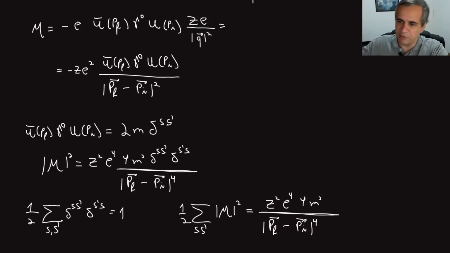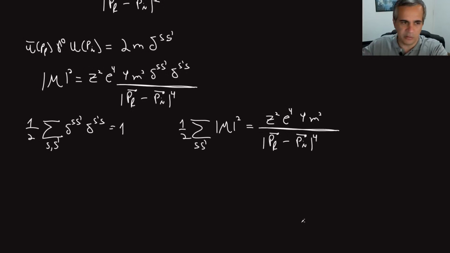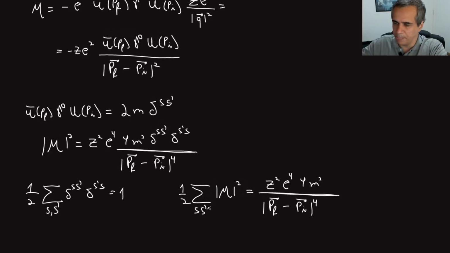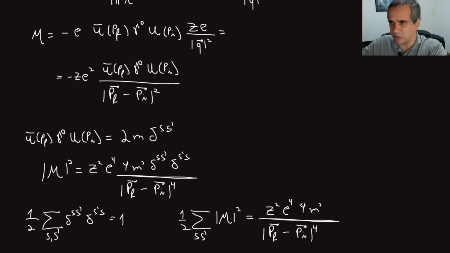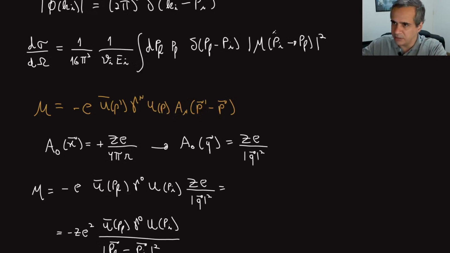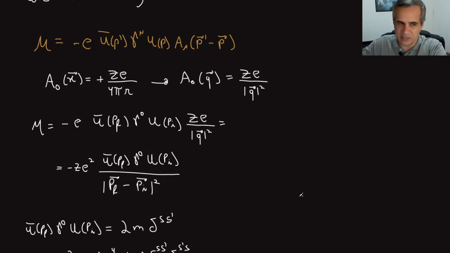And I can also simplify this thing on the bottom, because remember, this is the expression for this outside the cross section, but I know I'll plug that in here. And I have this delta, which forces the modulus of these two momenta to be the same.